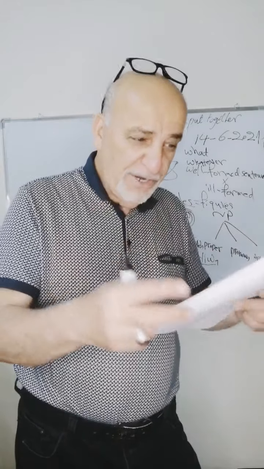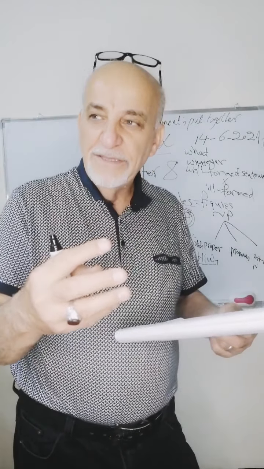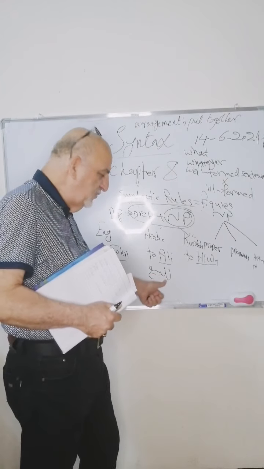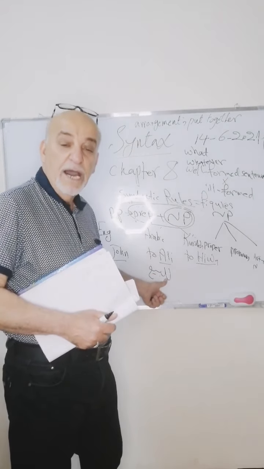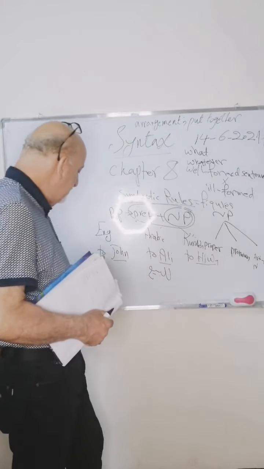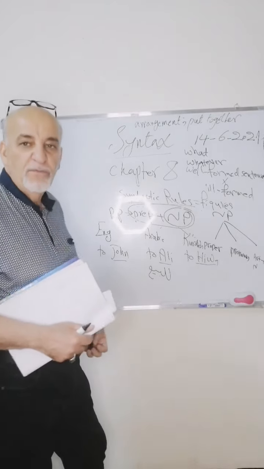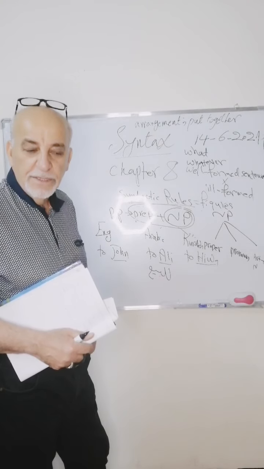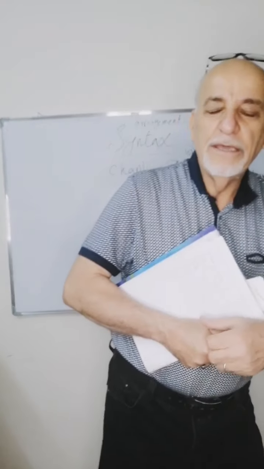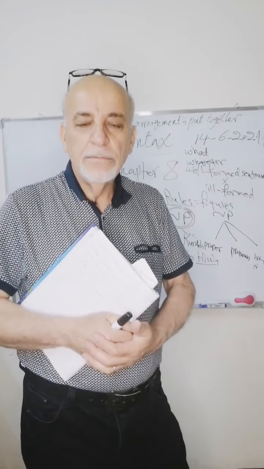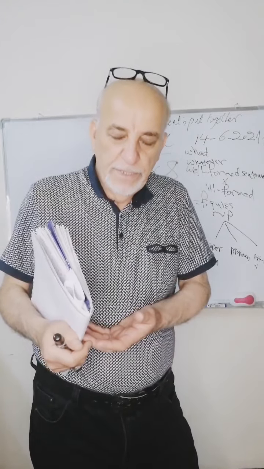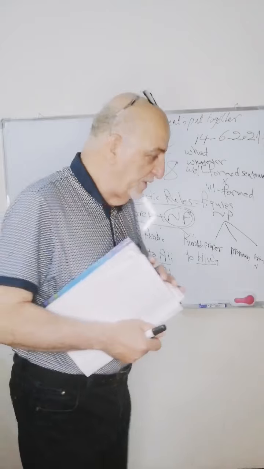So now it is not clear. It is not clear that I have a preposition and an article. This is correct here, but what about "for sale"? Where is the article here? This is the point.